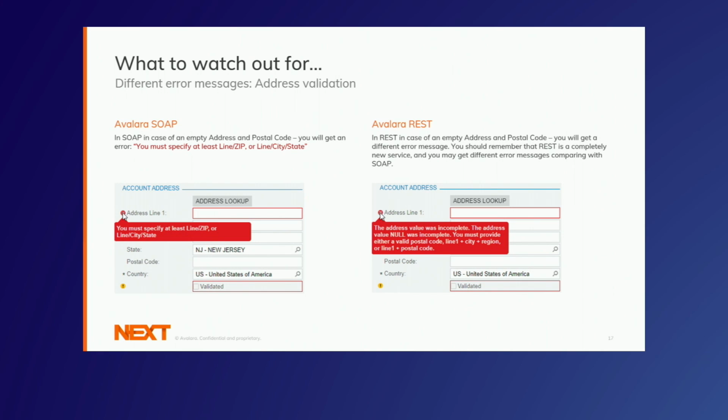This may affect you when you, for example, execute some auto tests expecting an exact error message. Therefore, to copy this auto test for REST, you also should change the expected error message appropriately. Again, you should remember that REST is a completely new service, and you may get different error messages than you would with SOAP.